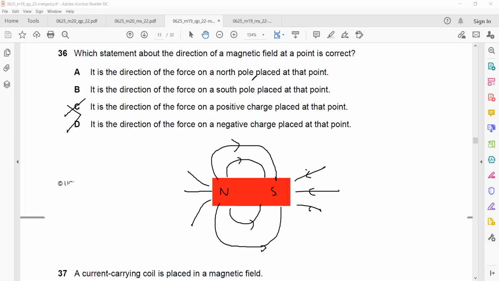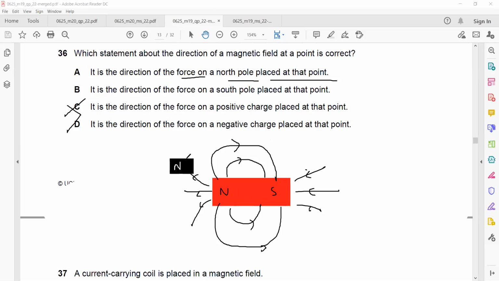C and D are about the electric field, not the magnetic field, because a charged particle will have an electric field. So C and D cannot be the answer. You're left with A and B. Now, in statement A, they're saying it is the direction of the force on a north pole placed at that point. For example, if I place a north pole here, which direction will this north pole move?